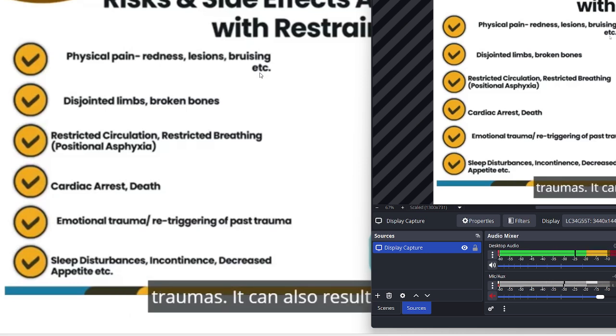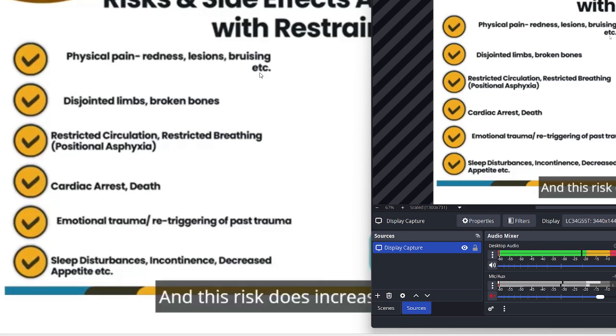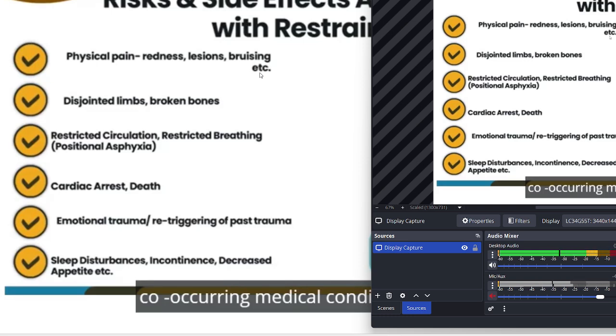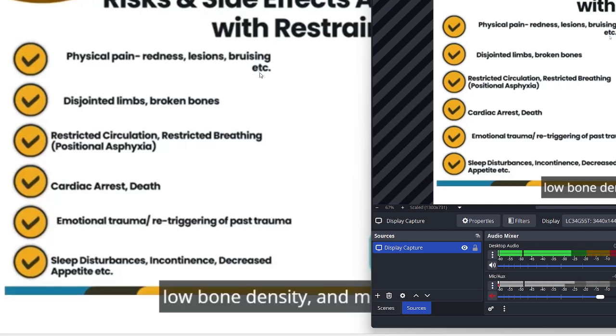It can also result in sleep disturbances, incontinence, decreased appetite. And this risk does increase if the individual has co-occurring medical conditions that place them at greater risk, such as asthma, obesity, low bone density, and more.